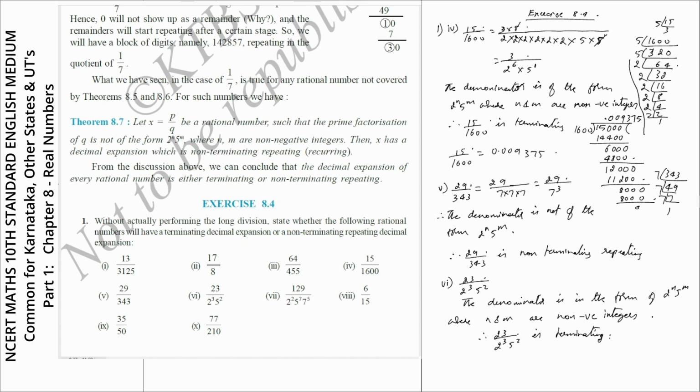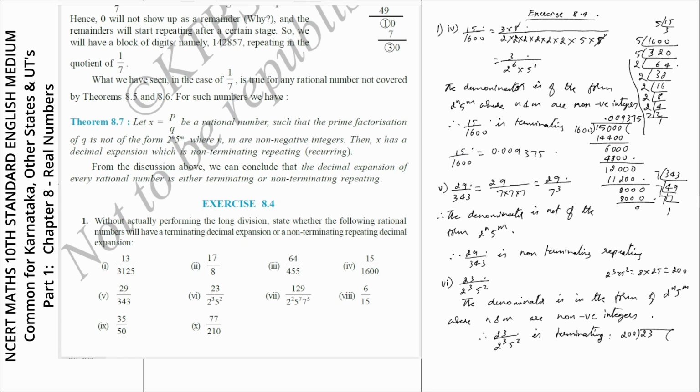So let us evaluate. 23 divided by, so what is 2 power of 3? 2 power of 3 is 8, 2 into 2 into 2, 8. 5 power of 2 is 25. 25 into 8 is 200.